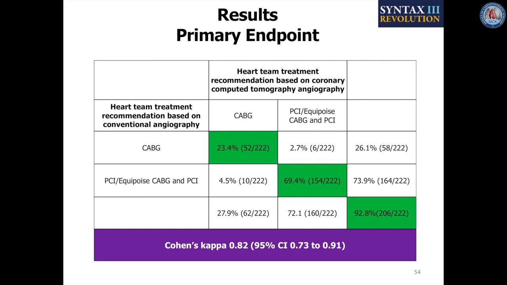So this is one of the final slides, very important. On the horizontal axis, you have the heart team treatment recommendation based on coronary computed tomography. And on the vertical axis, you have the heart team treatment recommendation based on conventional angiography.